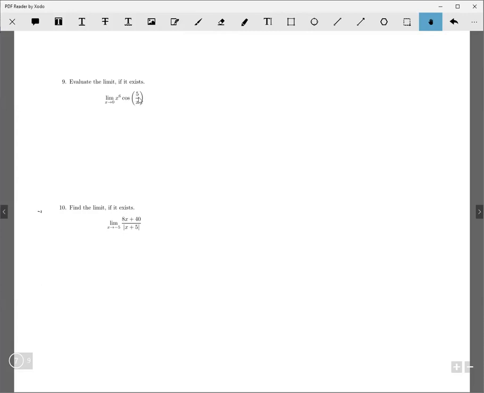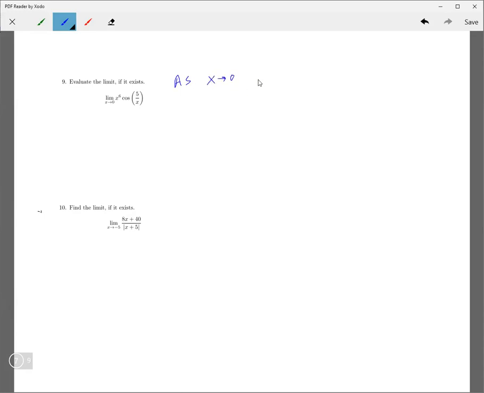But cosine, okay, so the way to approach this one is as x goes to 0, 5 over x. As you come in from the right, it goes to infinity, but as you come in from the left, it goes to negative infinity.